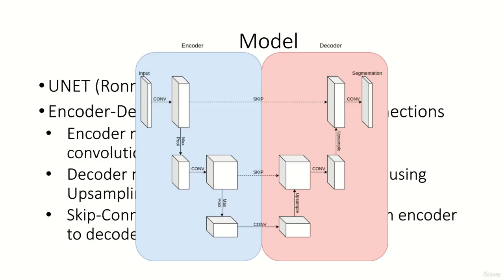Last but not least, by using the shortcuts or skip connections, we can directly forward our information or feature maps from the encoder to the decoder. The details will be much clearer once we program the model. Alright, now it's time to talk about the training.